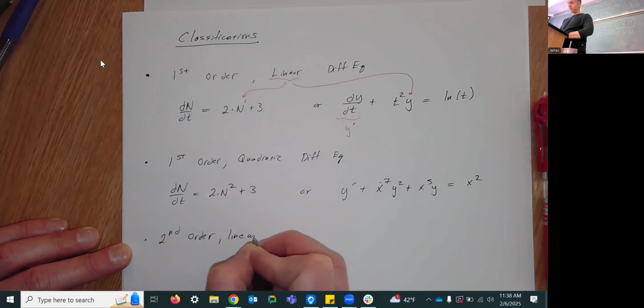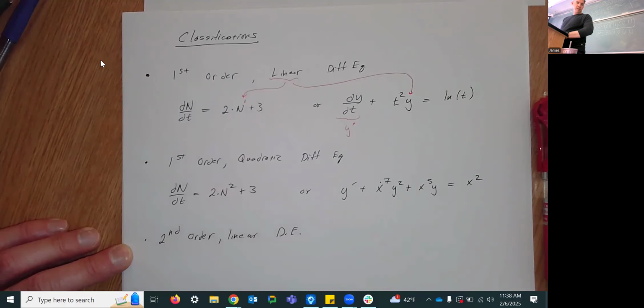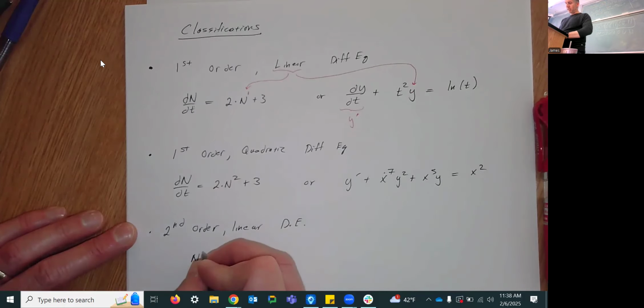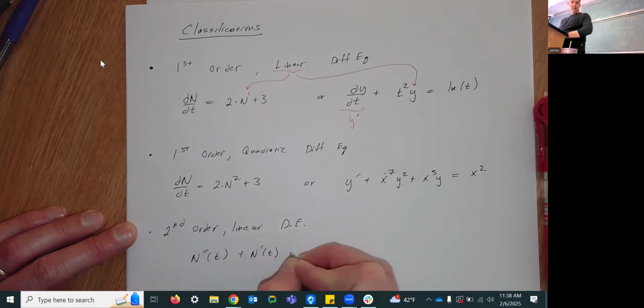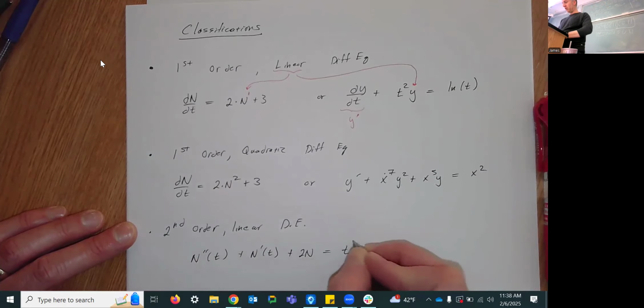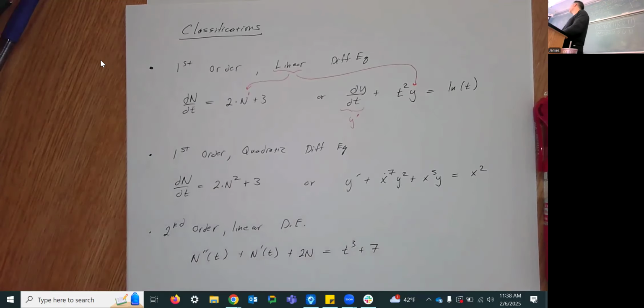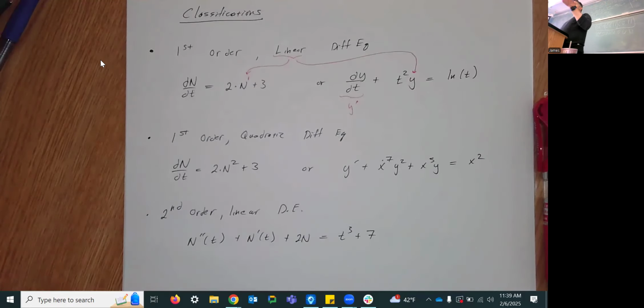And then we'll do one more. We had a second order linear differential equation. It could be something like N double prime of t plus N prime of t plus 2N equal to t cubed plus 7. My derivatives are a first derivative and a second derivative, so that's what's making it second order.